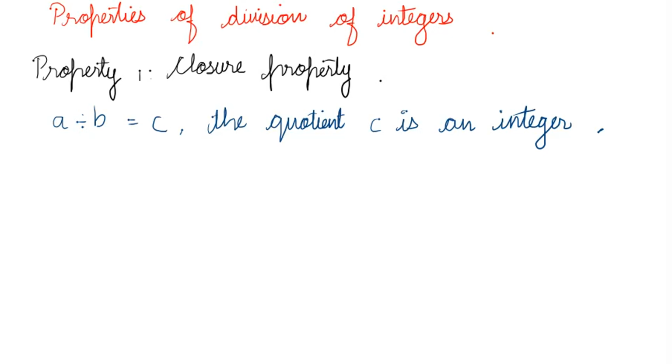For example, -5 divided by 1 is again -5, and 25 divided by 5 is 5, which is again an integer. So the closure property holds good for division of integers.